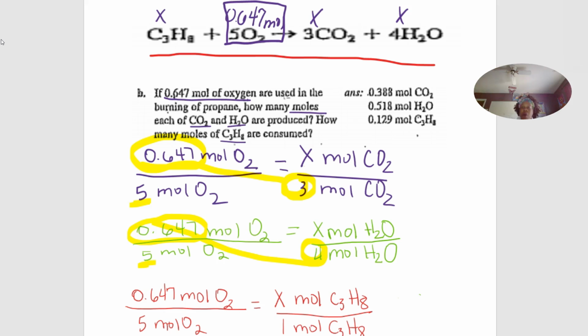And in the last problem, solving for propane, I'm going to take this number here, multiply by that number, and divide by 5. All right, let me show you the setup over here in terms of the math so you can see the final solution.